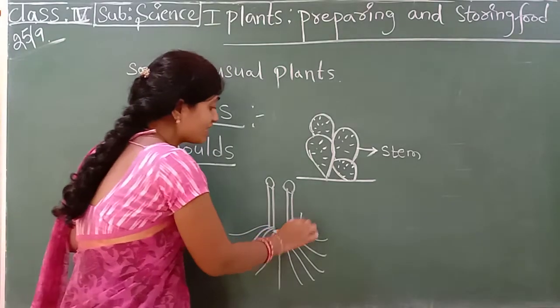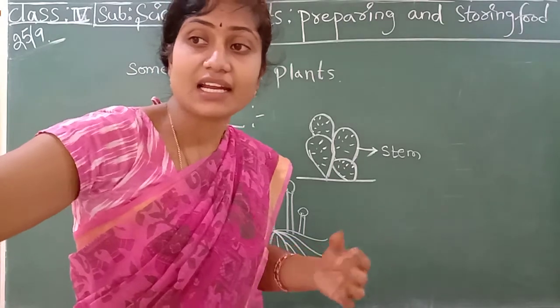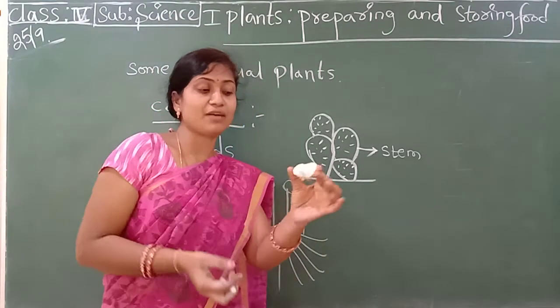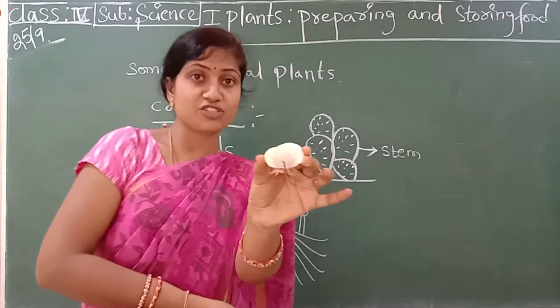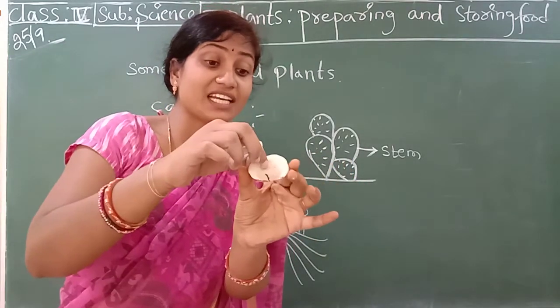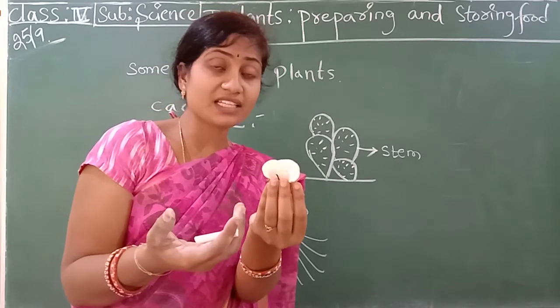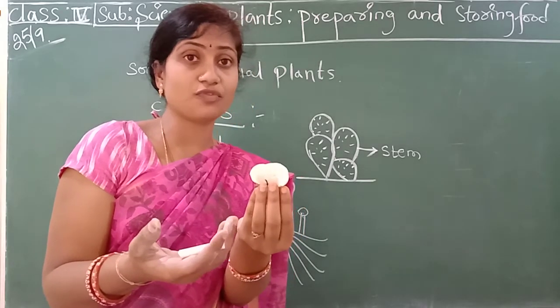See here, the mushrooms are available. Are these mushrooms green in color? Say, children. No, they look white. Where is the green color? White color. So how can they prepare their own food? They can't prepare their own food.